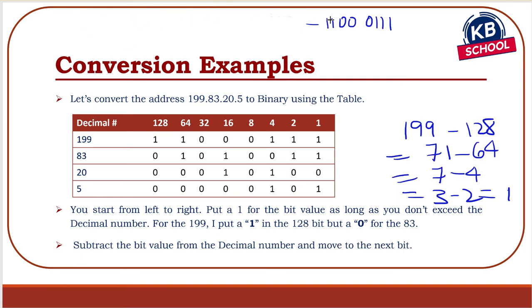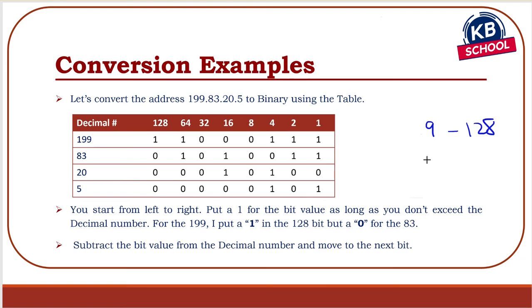Again, the more examples that you do, the better you get at it, and it is important that you get good at it and fluent with it. So 83 again, how would I do it? 83, I know it's going to be a 0 at the start because 83 is less than the 128. I will use a 64, and as soon as I subtract it, that becomes 19. So 32 would be too much, so put a 0 over here.